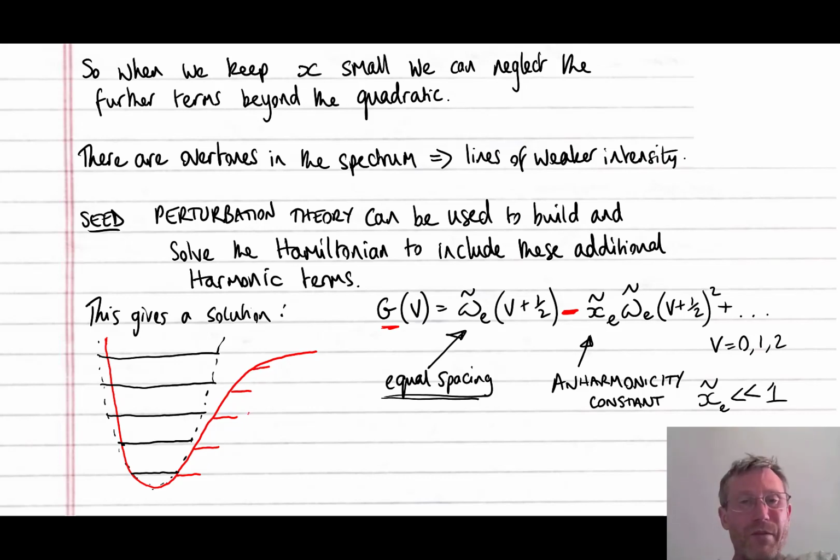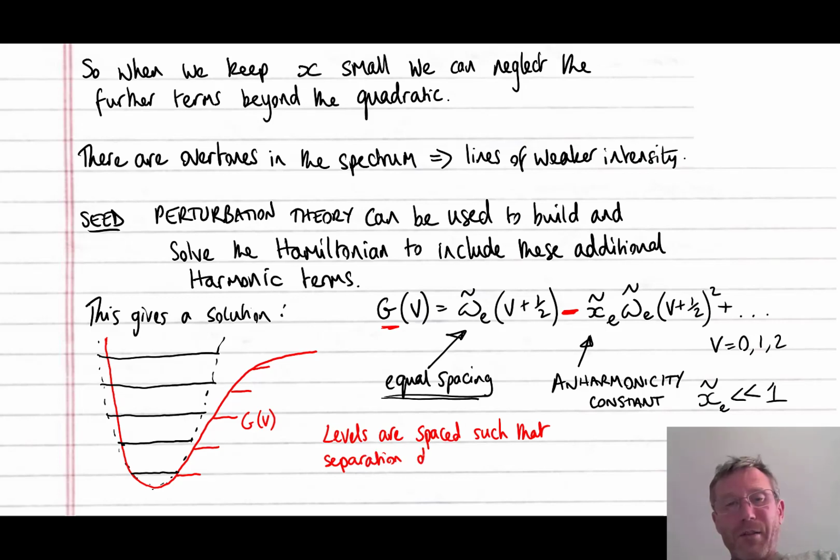So here's the G of v energy levels in here, and we'll say that the levels are spaced such that separation decreases with increasing v, and that's because of that minus sign.